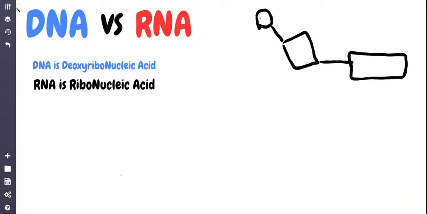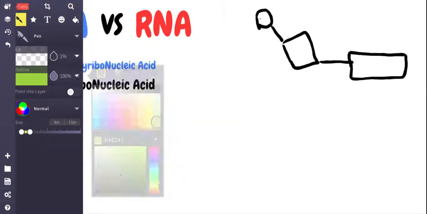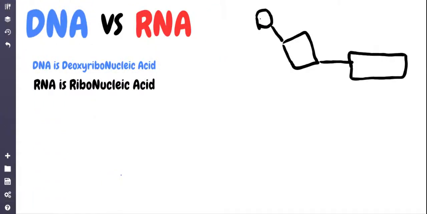So the things it's made out of, I'll use different colors. Let me use green for this one. I'll call it phosphate, and I'll color that in green. We can remember that with the "ph" in phosphate.